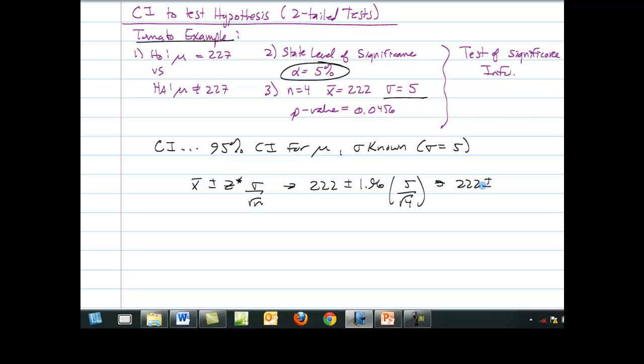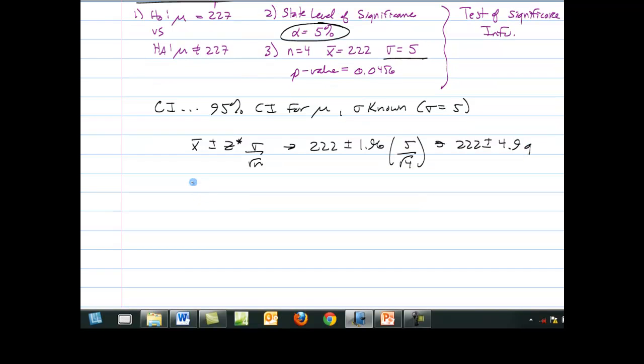So I have 222 as my point estimate. My margin of error is about 4.9 grams. So my 95% confidence interval would go 217.1 grams up to 226.9 grams. So, where's 227?